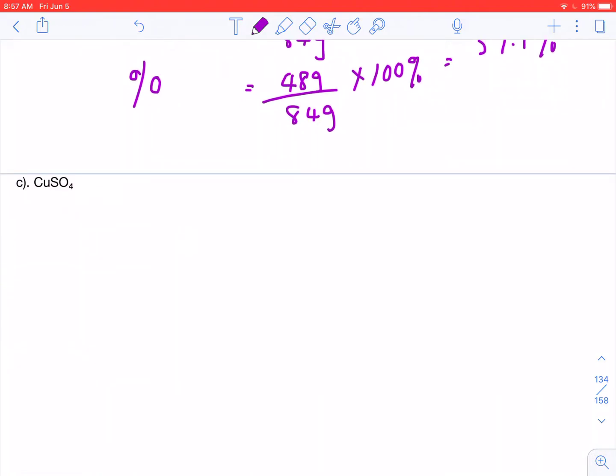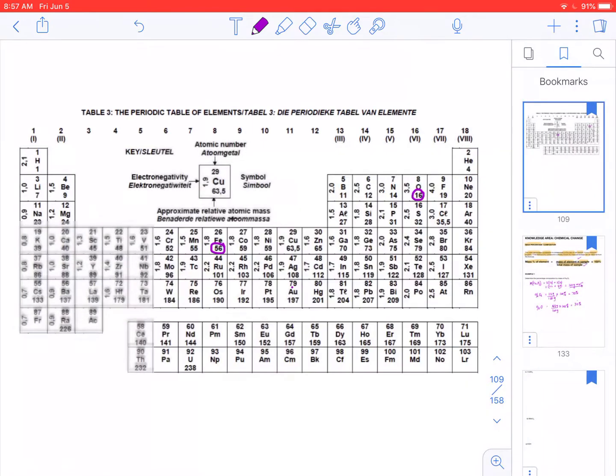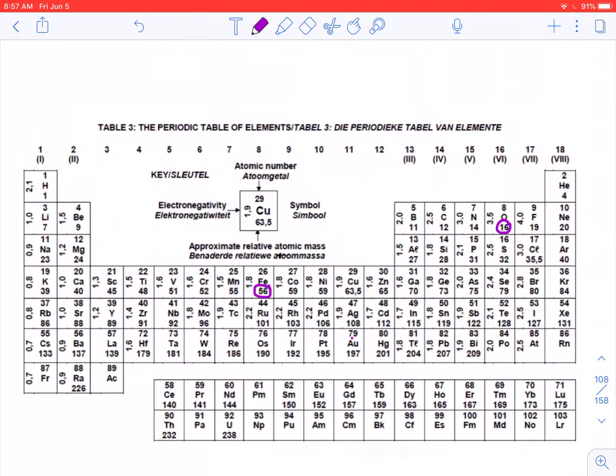Here we have copper sulfate. In copper sulfate, we want to look at the mass of copper sulfate. So if we look at this, let's erase that.